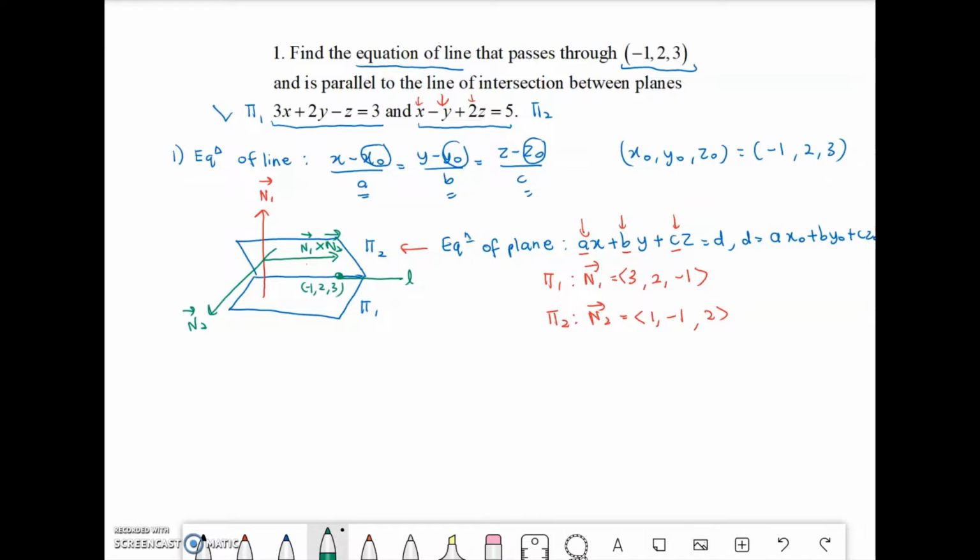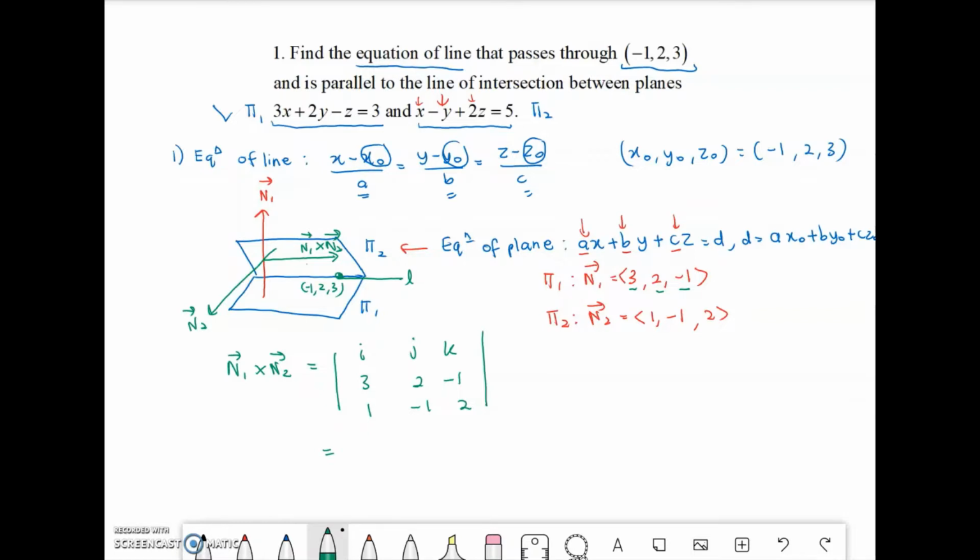So what we can do next to find the vector is to find the cross product of n1 and n2. So the cross product of n1 cross n2 is equal to i, j, k. So n1 is 3, 2, -1, and our normal vector for plane 2 is 1, -1 and 2. So now we can solve this cross product.